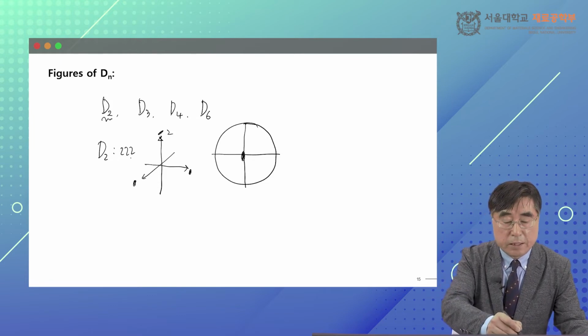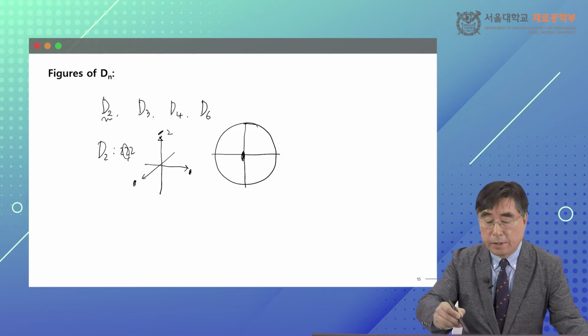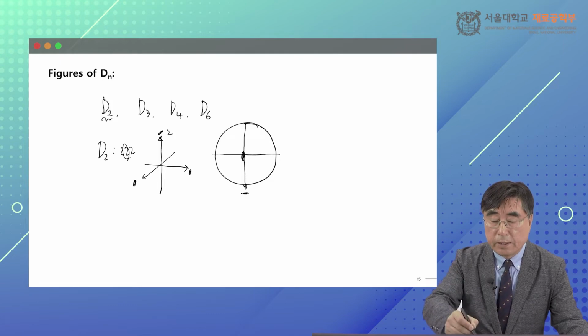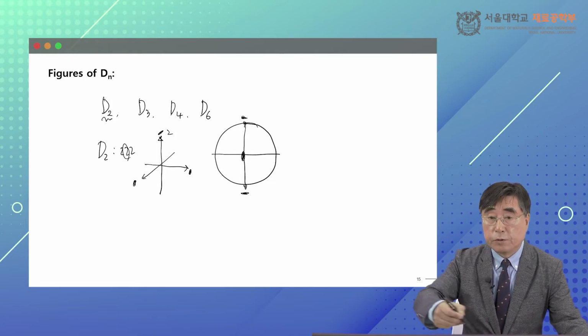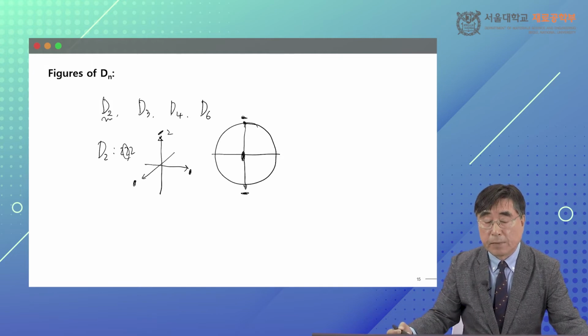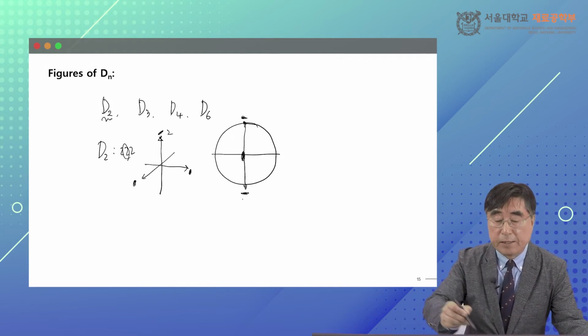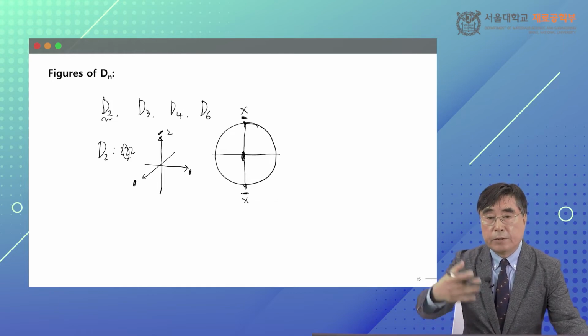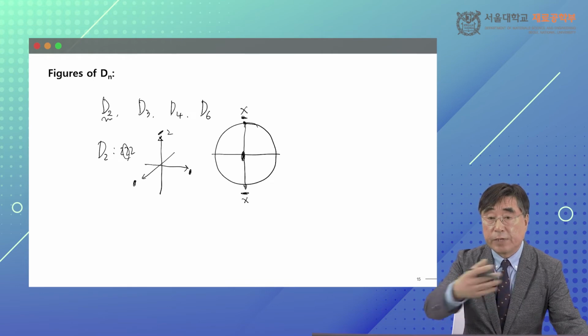Now there is another twofold, perpendicular to this principal axis. So this axis now is twofold. Then this twofold generates this twofold because this twofold rotates 180 degrees. So one twofold defines this. Let's call it X. When I call this X of symmetry axis, this is just the symmetry axis.